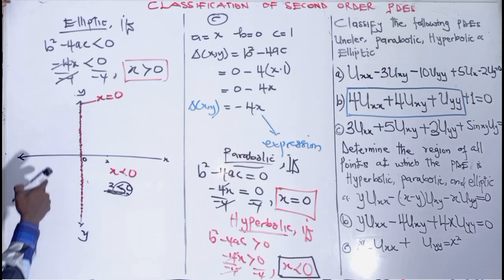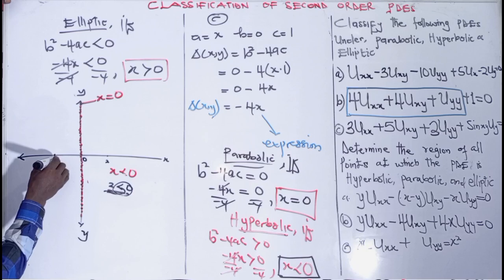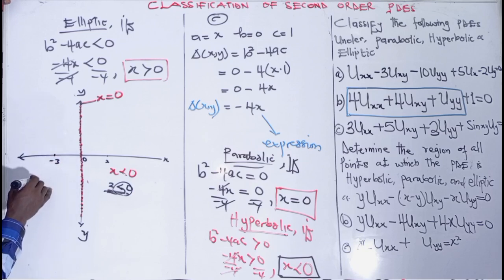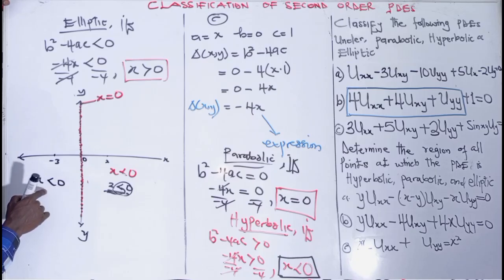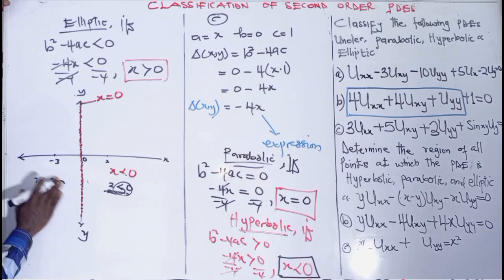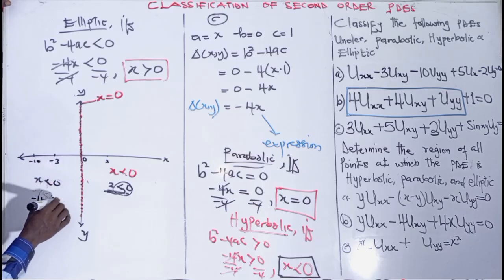Let's come to the left-hand side and pick a point here, let's say -3. We have x is less than 0. Let's plug in to see if the inequality is true. Is -3 less than 0? Yes, it is true. Now let's take another number, say -10. Is -10 less than 0?